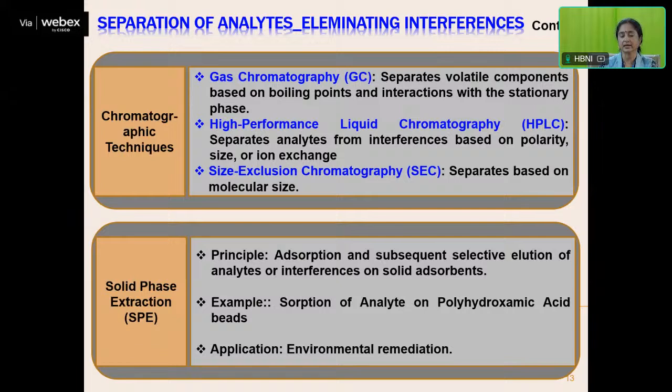And here your analyte will be sorbed on the solid phase, and then you separate the solid phase and elute the analyte. An example is sorption of analyte on polyhydroxamic acid beads. The application is environmental remediation.